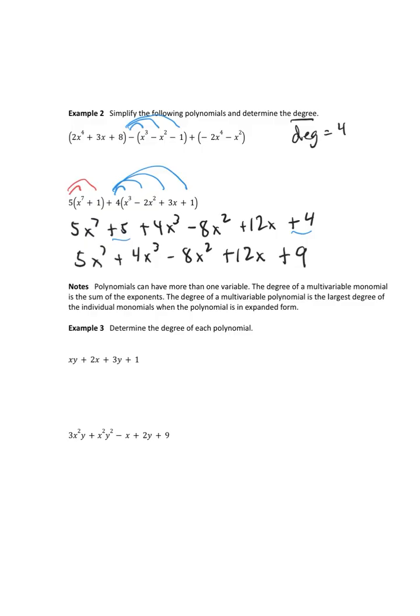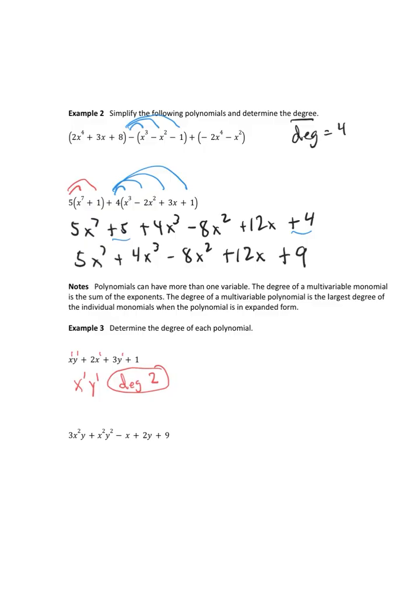So for instance, that xy would be like x to the 1, y to the 1. So the 1 plus 1 would be degree 2, okay?